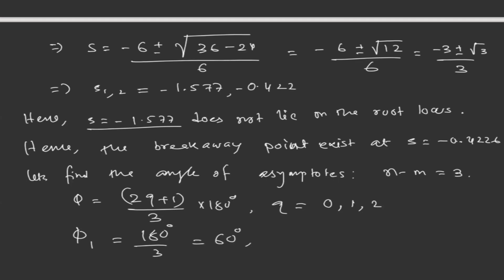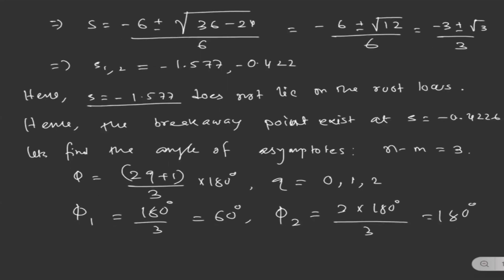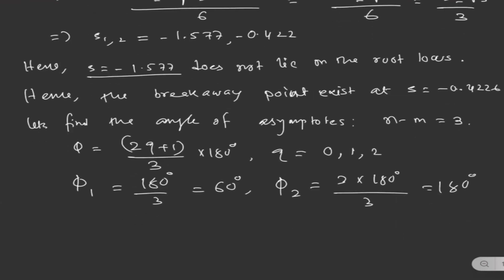For q equal to 1, phi 2 is 3 by 3, which is 180 degrees. And for q equal to 2, phi 3 is 5 into 180 degrees divided by 3, which is 300 degrees, which is nothing but minus 60 degrees.